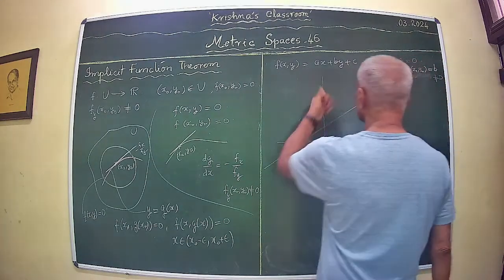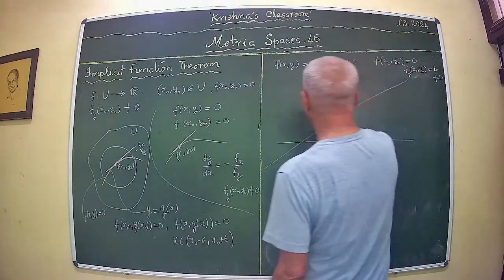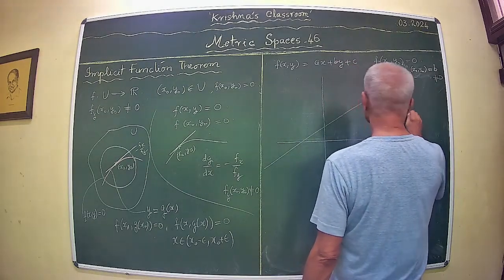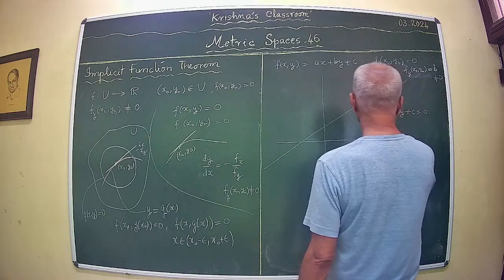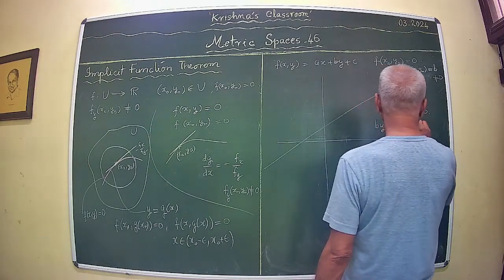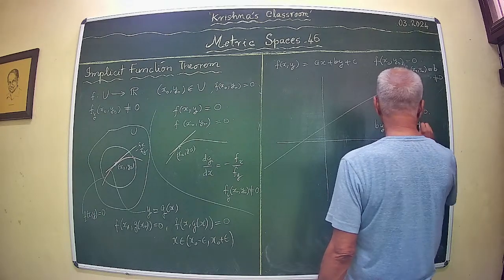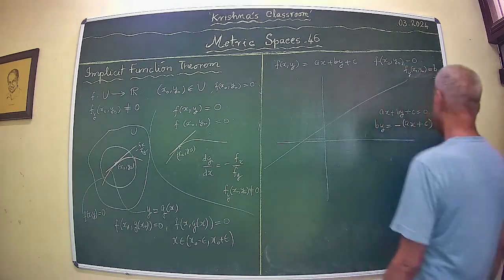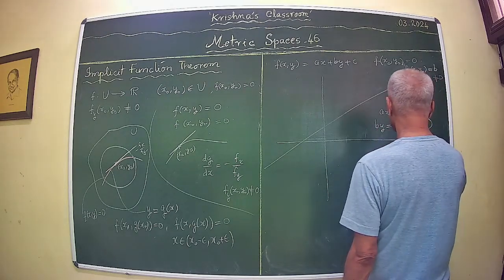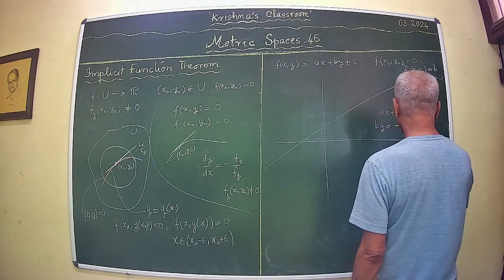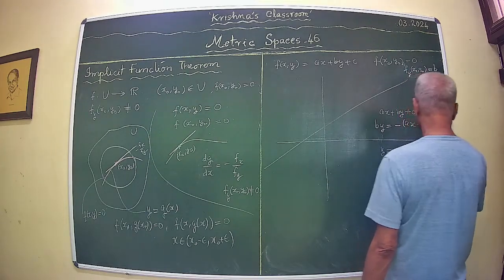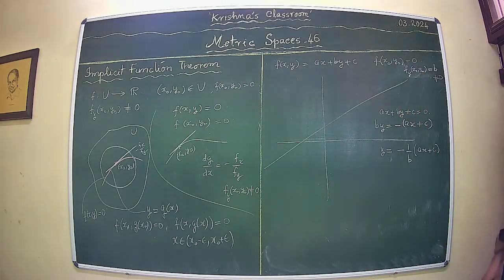In that case, if you take the equation ax plus by plus c equal to 0, then you can write this as by equal to minus (ax plus c), and since b is not equal to 0, you can write y as minus 1 by b times (ax plus c), and this is defined for all x.